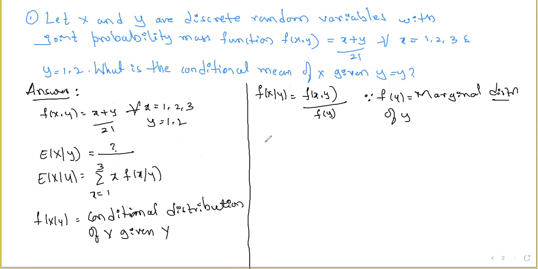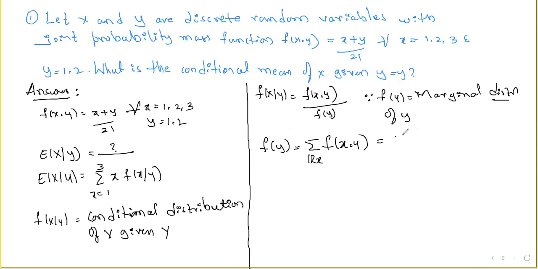Clear? So first, f of y is nothing but the summation of f of x, y, because it is a discrete case, right? They only mentioned it is a discrete case, so that's why it is summation. And we require the marginal distribution of y, so take the range on x.